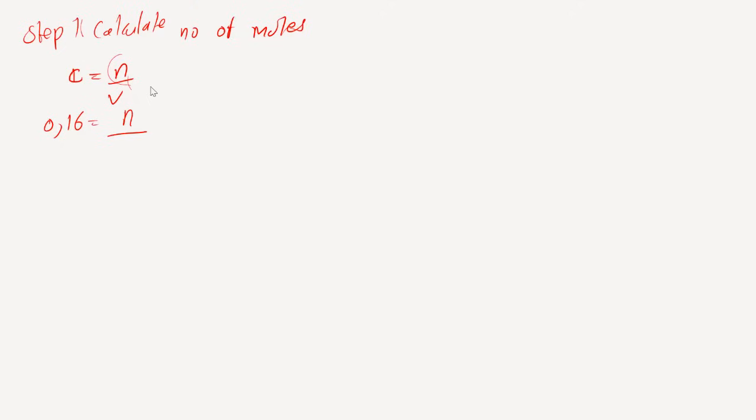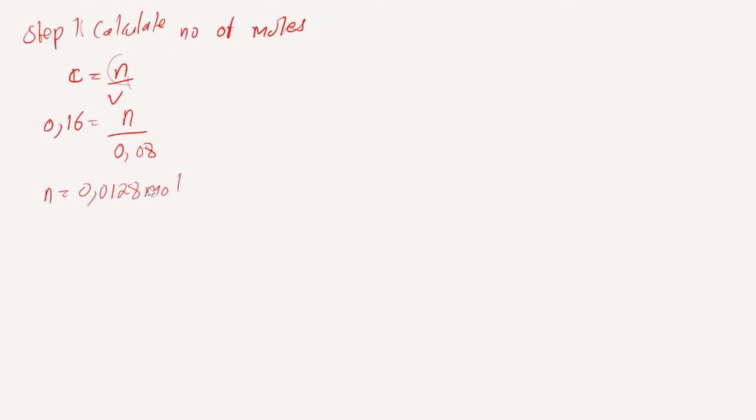So 80 divided by 1,000 gives 0.08. When we cross multiply, this gives 0.08 times 0.16, which is 0.0128. So the number of moles is 0.0128 mol.